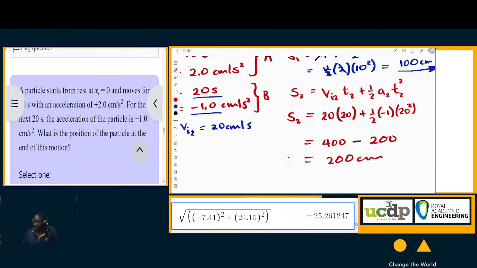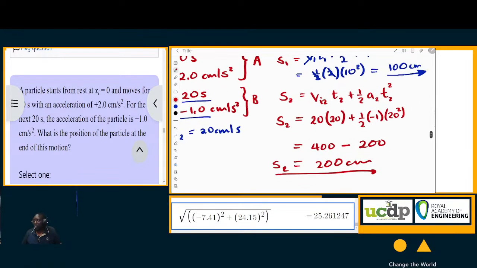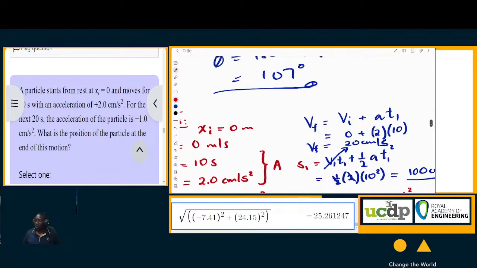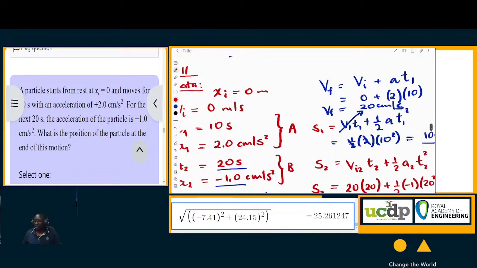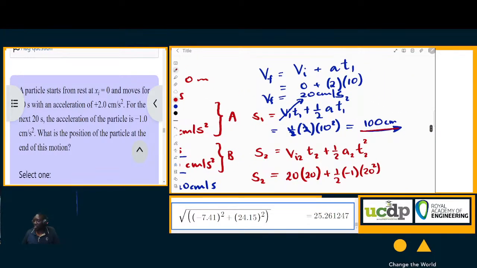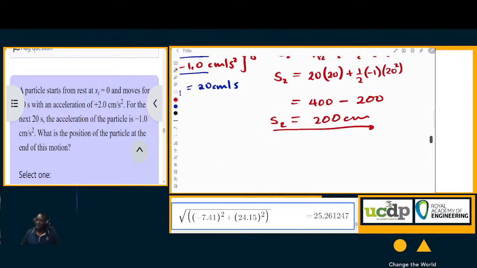Now, if we have 200 as our S2, what is the new position of the particle? Remember, the particle moves 1 meter first and then decelerates over 2 meters, and the total displacement from x equals 0 is x final equals x initial plus s1 plus s2.